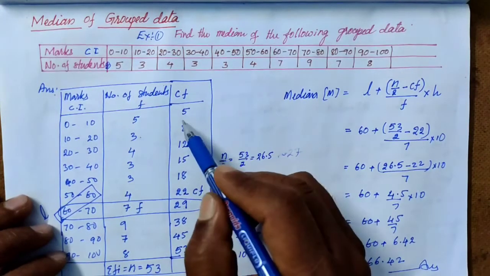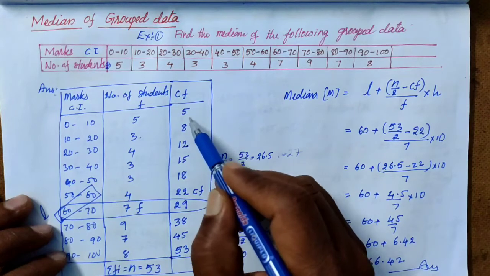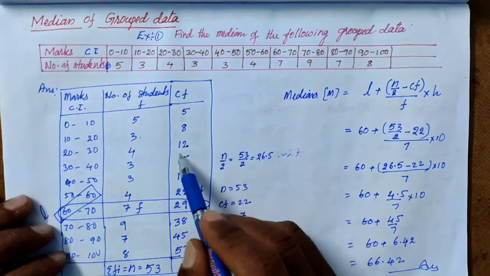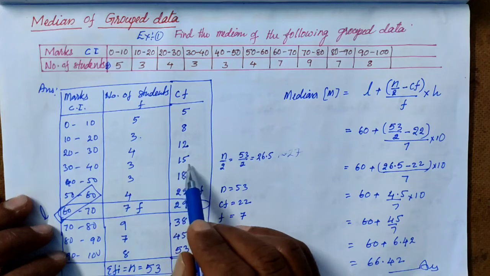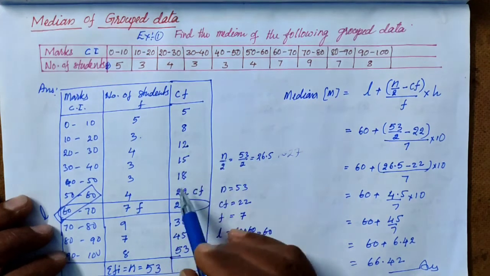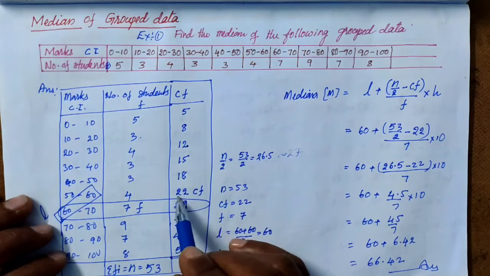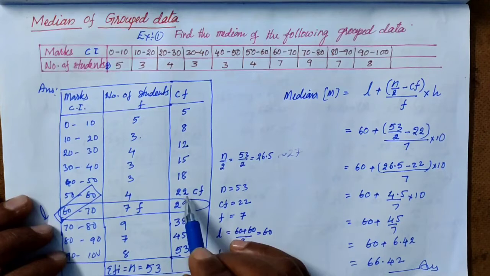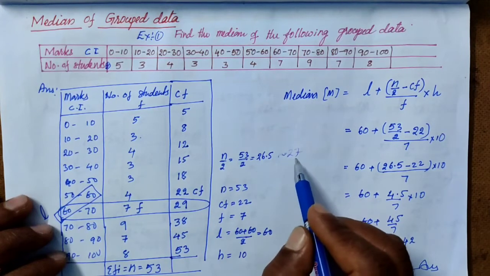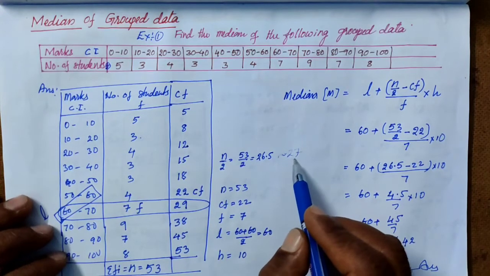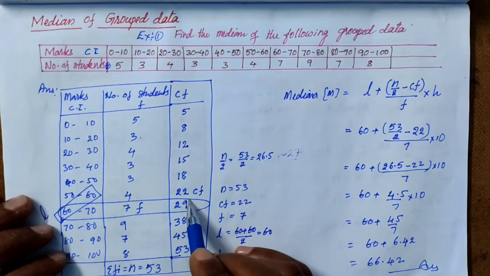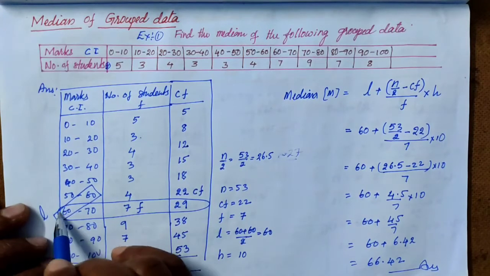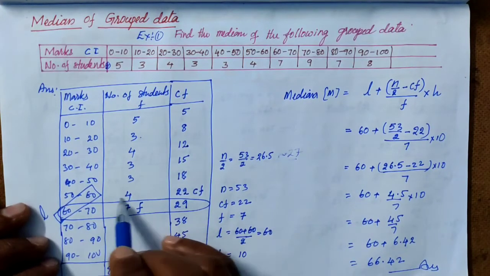This is the first 5 observations, this is the first 8 observations, this the first 12 observations, and these are the first 15 observations. So this 22 is the first 22 observations, and we need the 27th observation. Is the 27th observation present in this one? Yes, so we take this as the median class.